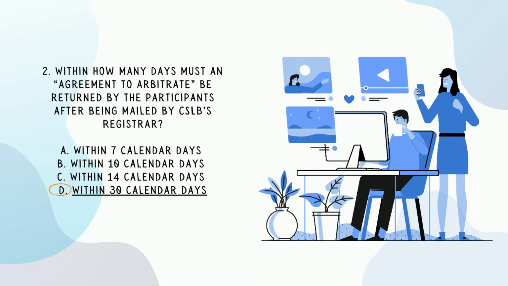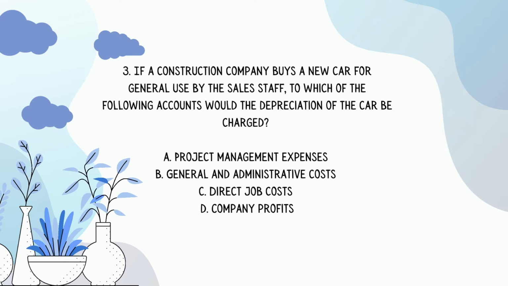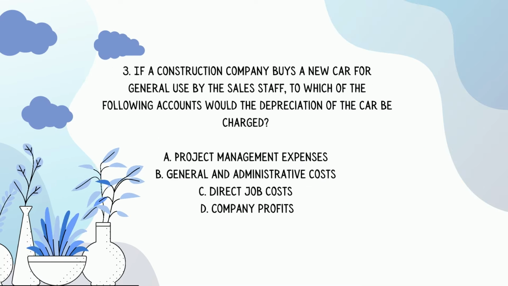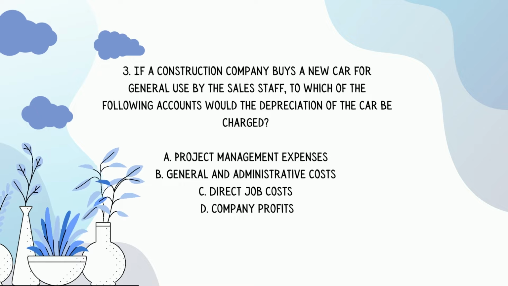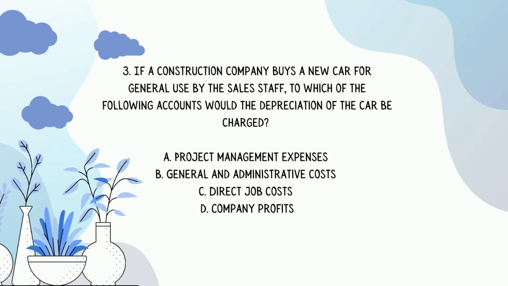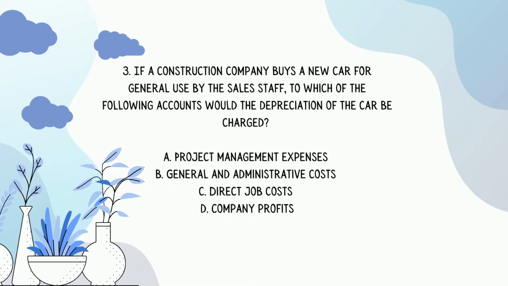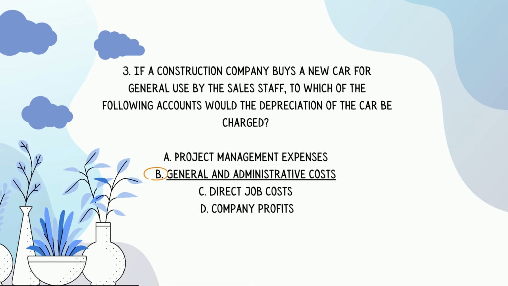D, within 30 calendar days. And number 3, if a construction company buys a new car for general use by the sales staff, to which of the following accounts would the depreciation of the car be charged? B, general and administrative costs.